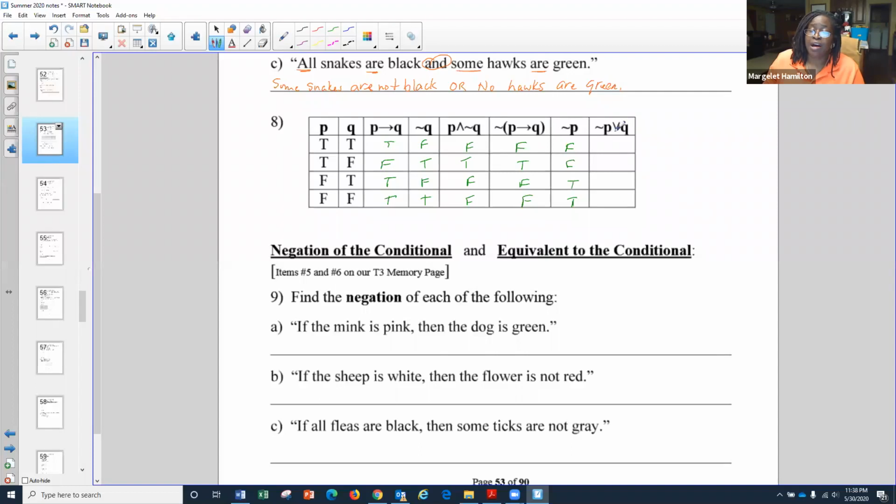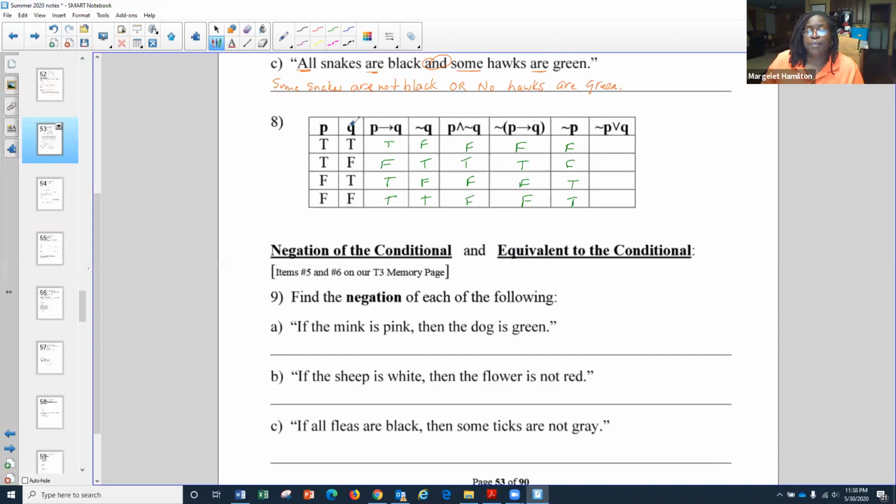For my last column, negation P or Q. We just found negation P. Now we're going to look at that with Q, but we're looking for the OR statement. We know that OR is false only when both cases are false.